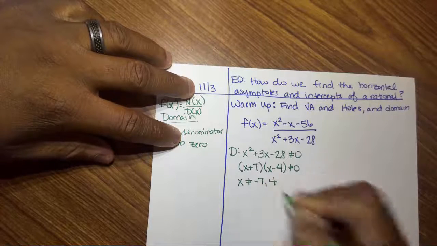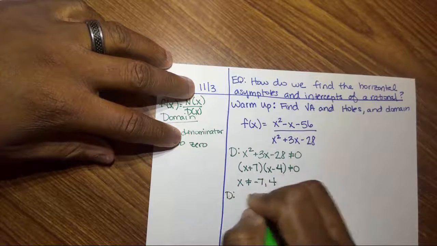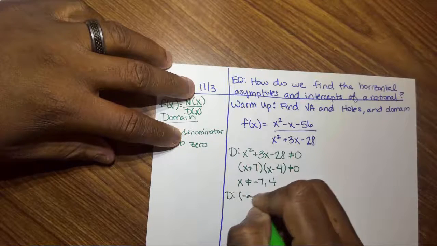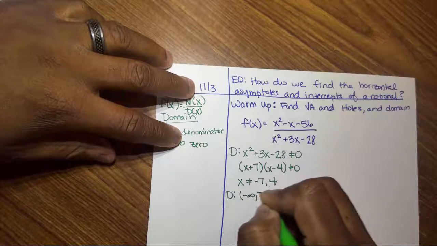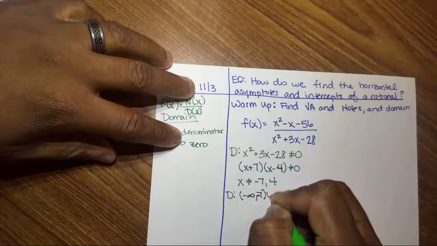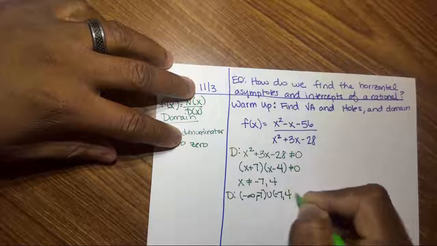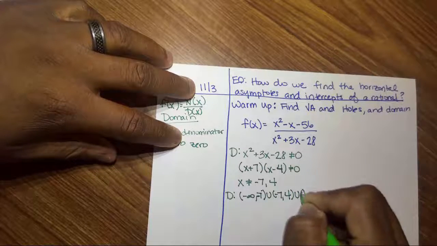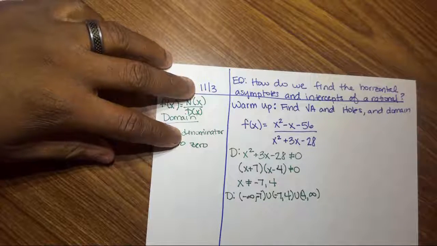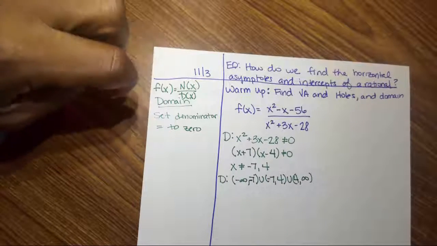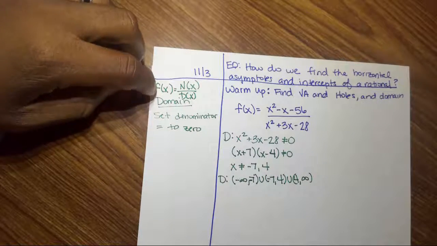So the domain of this function is every value except negative 7, and every value except 4. So here's how you write your domain. Understand that?